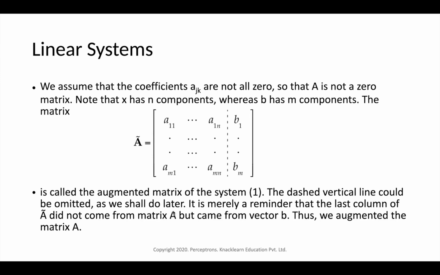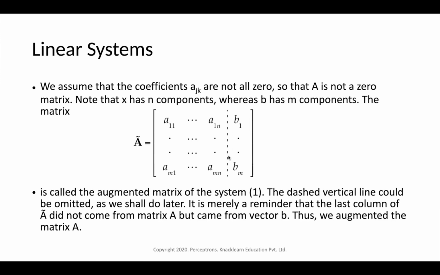Now we can also write this matrix in this format, that is A augmented. A with a tilde symbol at the top is called an augmented matrix. So we can also write a linear system in augmented matrix format. That is, we write the coefficient matrix and with it the solution vector, and we can separate them with a vertical line.